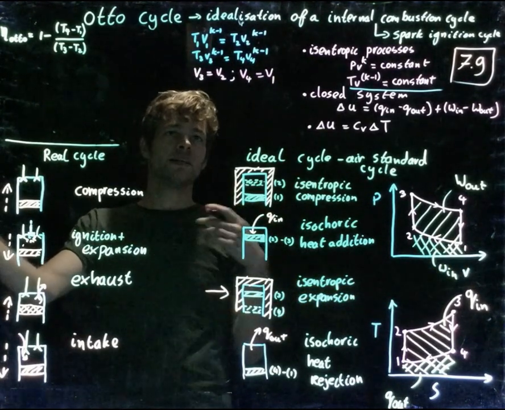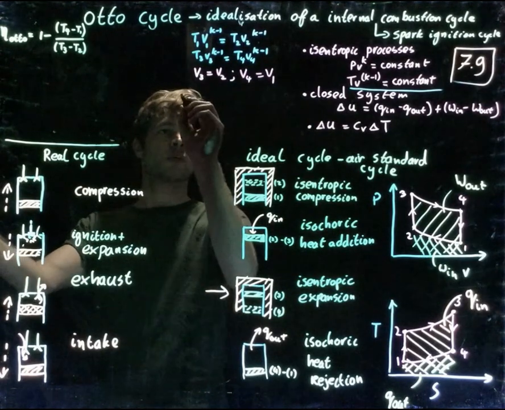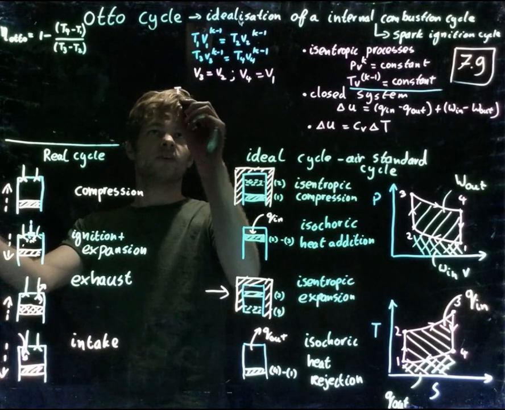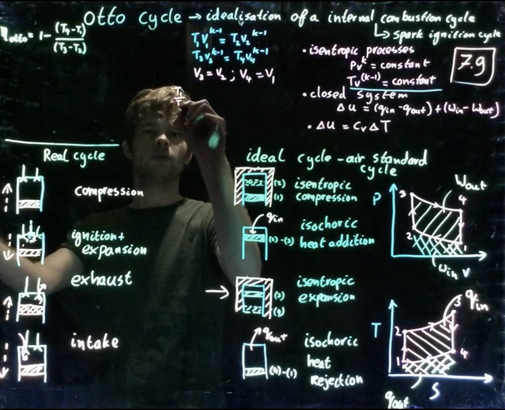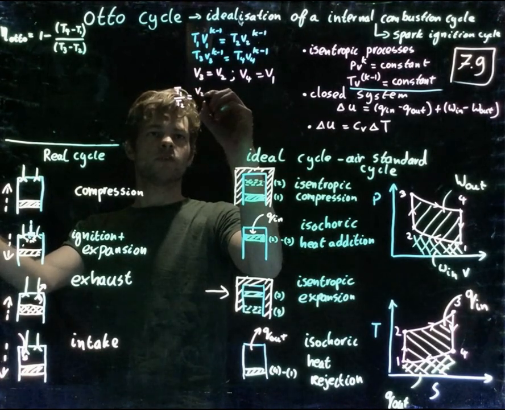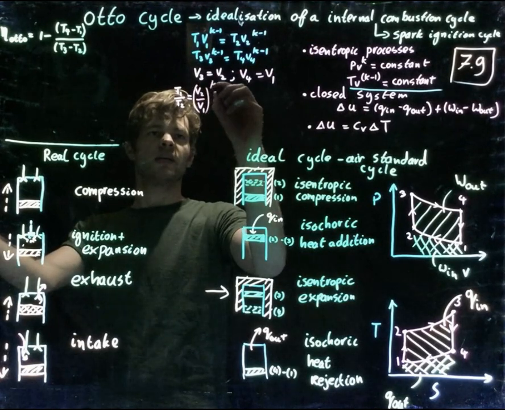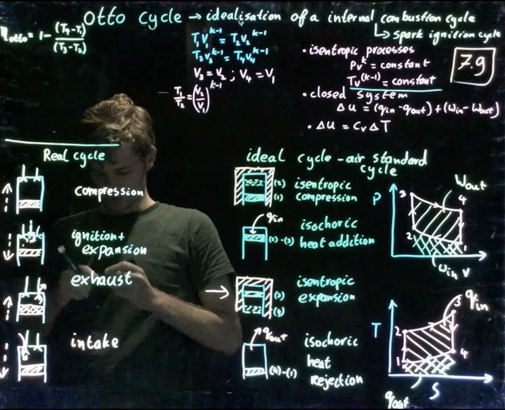Okay, so this can all be combined. So from this we can say that T1 over T2 will be equal to (V2 over V1) to the power k minus 1. So that follows from this part.